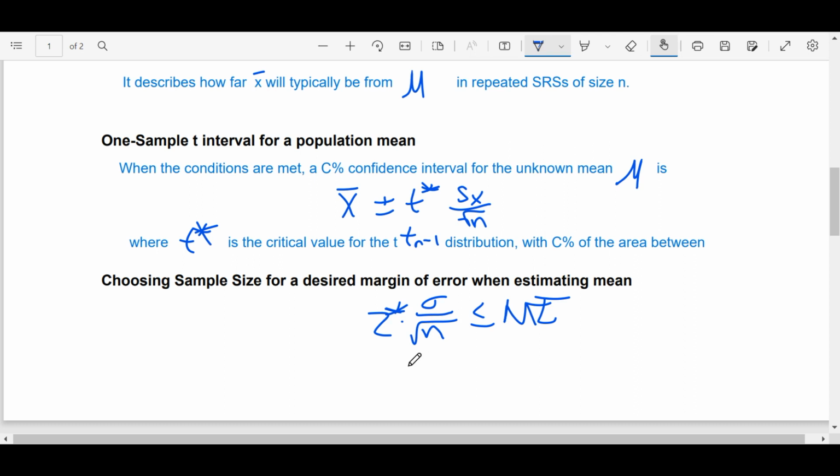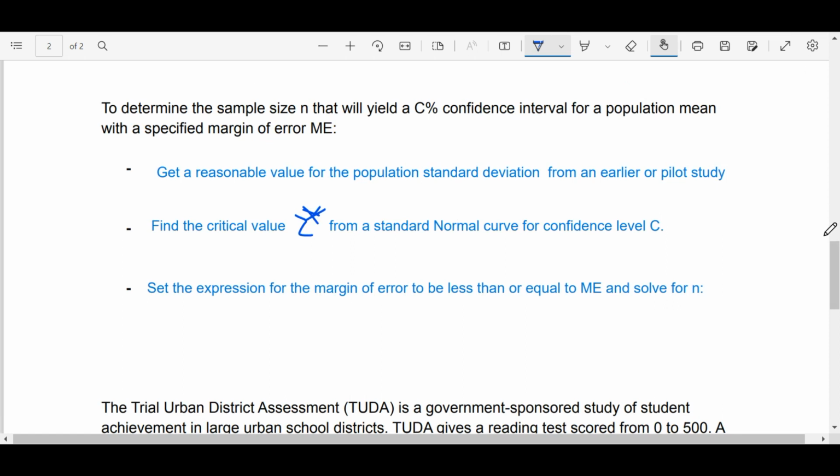Just a couple small differences, mostly the fact that we're dealing with the mean instead of the proportion. And here are some tips for finding the right sample size for this. Go ahead and jot these down, and then we're going to do some examples based off of what I just went over.